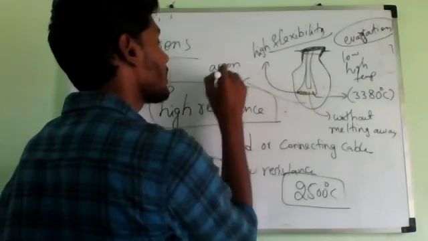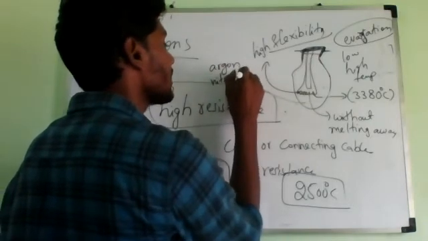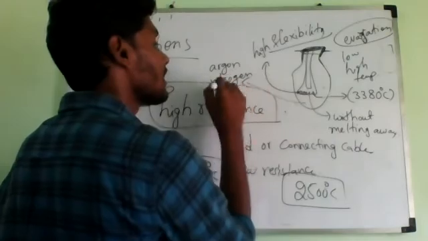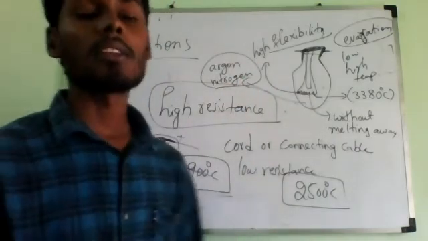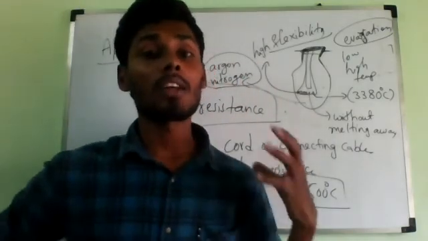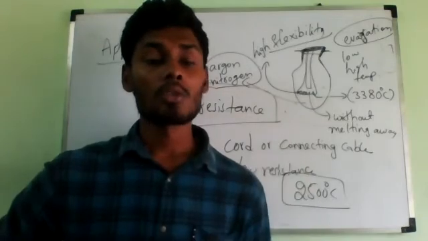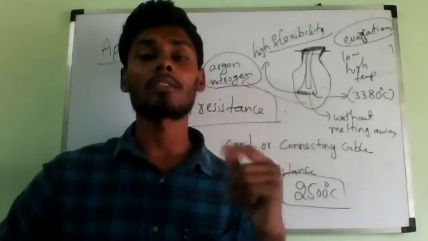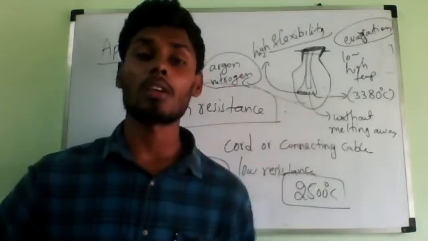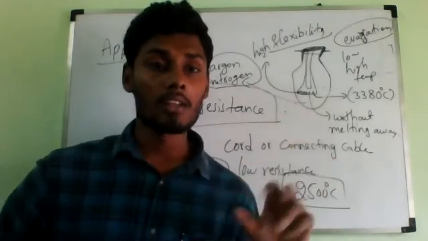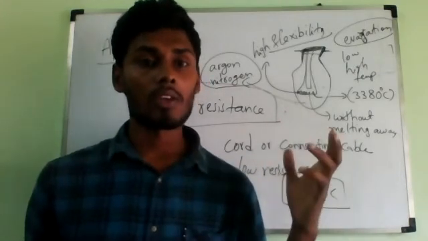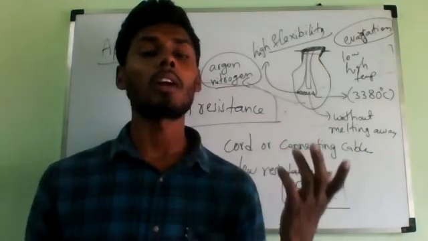Why do they fill argon or nitrogen inside the bulb? Because they are chemically unreactive gases. If you fill normal air, then this tungsten, when extremely hot, will react with the oxygen and it will be gone quickly, burned in the oxygen of the air.